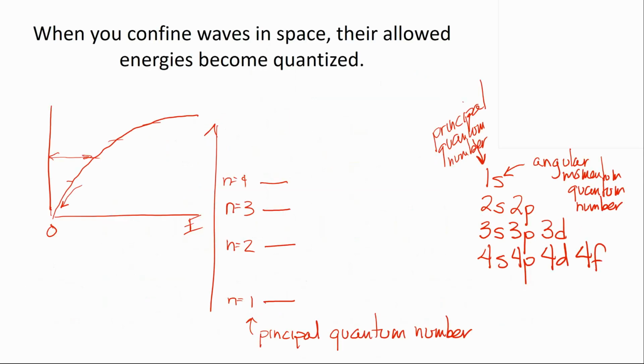Now that can be a little tough to remember, so we often use a little diagram like this one on the right here that shows which orbitals are allowed.